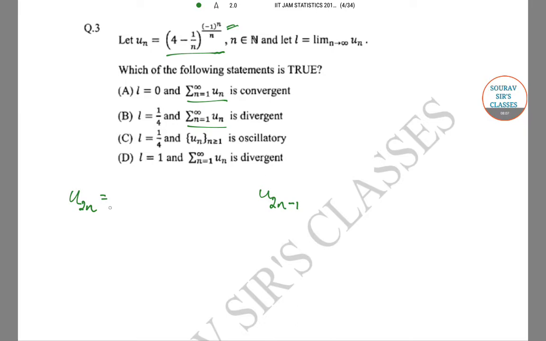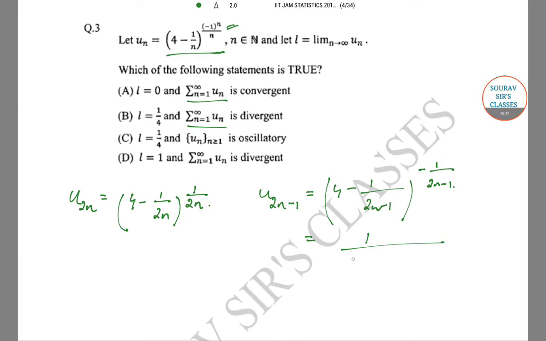What is the even term? u2n would be equal to 4 minus 1 by 2n to the power 1 by 2n, and u2n minus 1 would be 4 minus 1 by 2n minus 1 to the power minus 1 by 2n minus 1, which is equal to 1 by 4 minus 1 by 2n minus 1 to the power 2n minus 1.